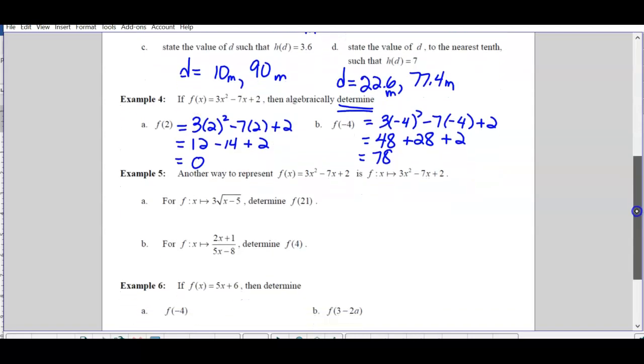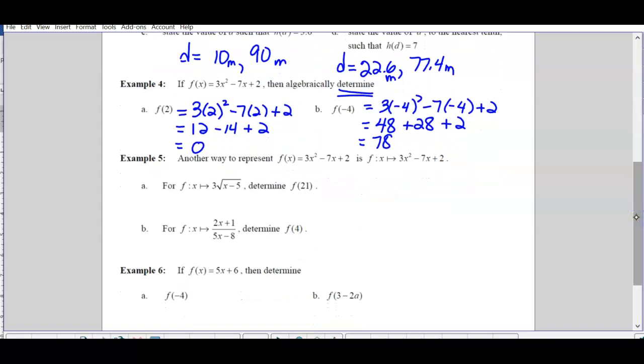Then, just another notation here, F with the brackets, sometimes you will see it like this, okay? Not in our textbook per se, but in other textbooks you might see it. And perhaps in some IB stuff, although I think they often use the function notation, but it's F colon X with an arrow, okay? So determine F of 21, still you substitute in, nothing changes.